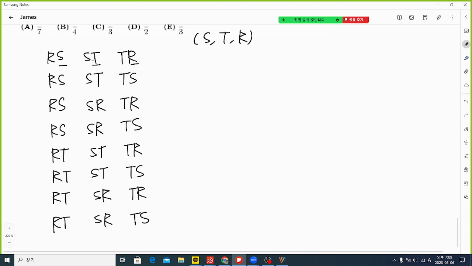So now all people have $1 each, and in this case, the S has $2. Let's say RST for the alphabetical order. So R has $0 and S has $2 and T has $1.